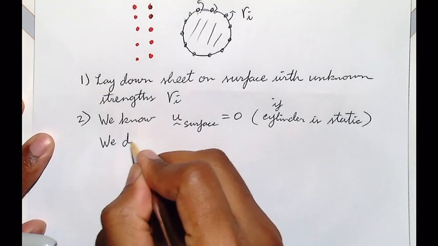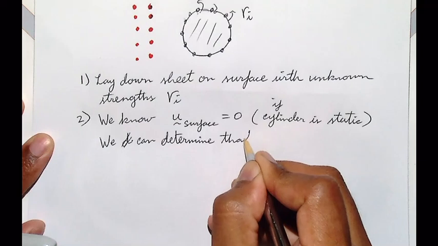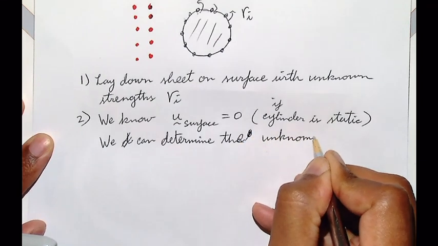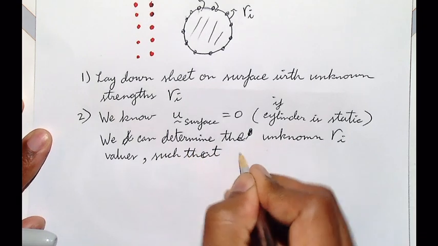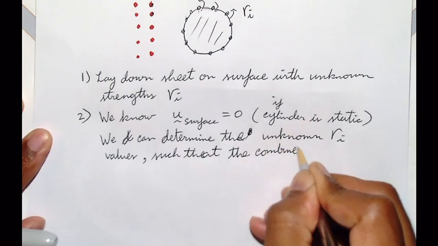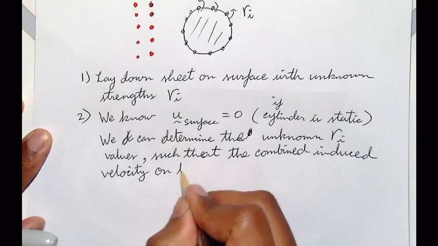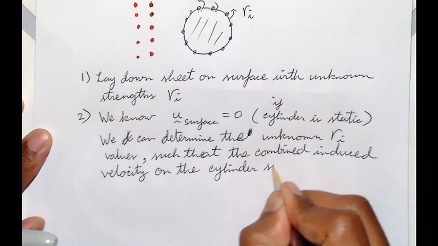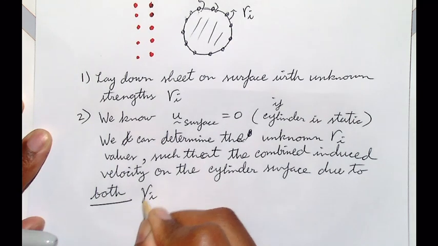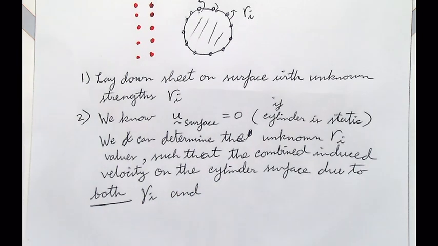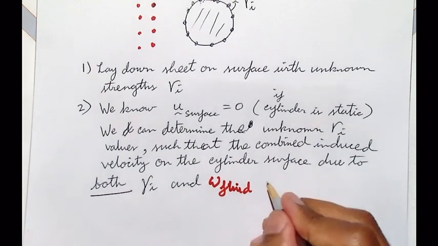Okay, we can determine the unknown gamma i values such that the combined induced velocity on the cylinder surface, due to both the gamma i's and omega fluid, is equal to 0.